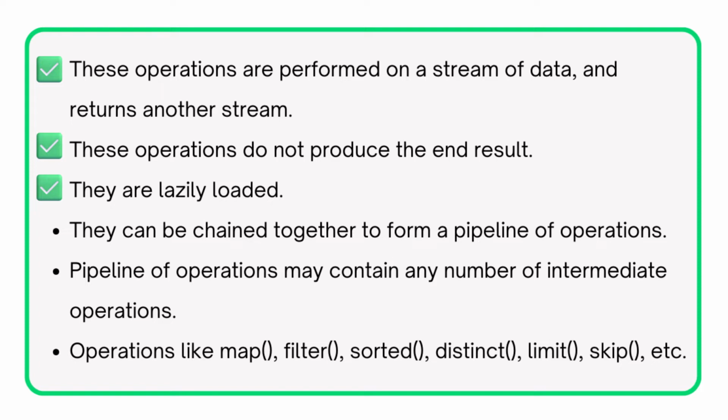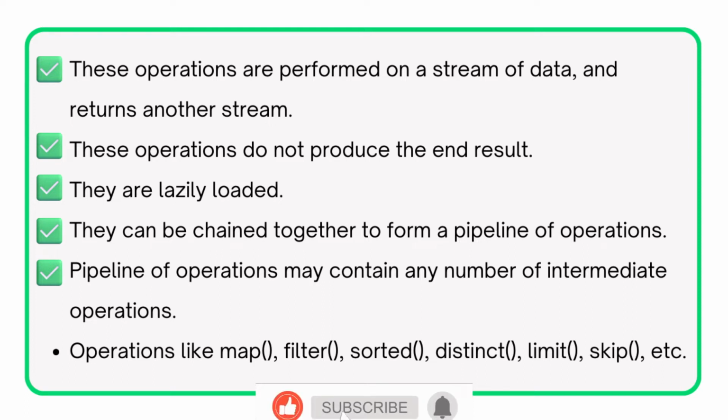They are lazily loaded, which means they get executed only after a terminal operation is invoked. That is, when we need the end result. They can be chained together to form a pipeline of operations. And the pipeline of operations may contain any number of intermediate operations like map, filter, sorted, distinct, limit, skip, etc.